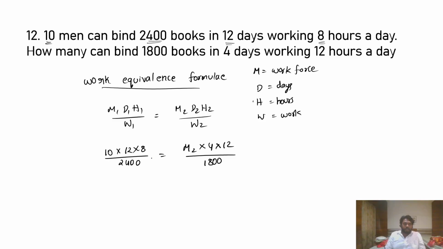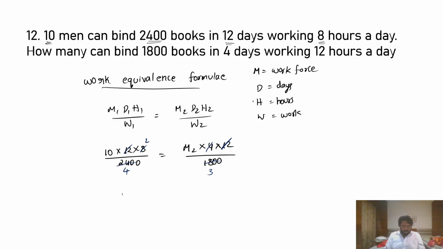Correct? So now what you do is 12 ones, 12 ones, 12 12 cancelled, and 0 0 is gone. I can cancel this with 6 threes, 6 fours. Okay, now what you can do is 4 ones, 4 twos.